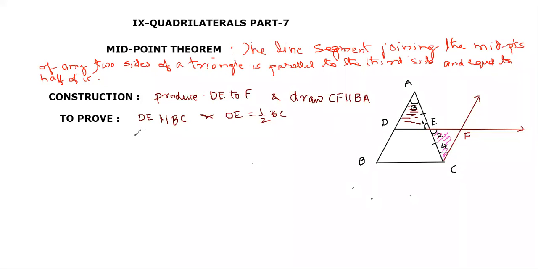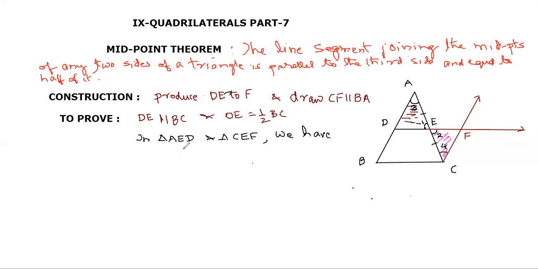So we will consider these two triangles, first in triangle AED and triangle CEF. We have angle, side, angle, so we should go in a sequence. First we can take angle 1 or angle 3, any one angle.